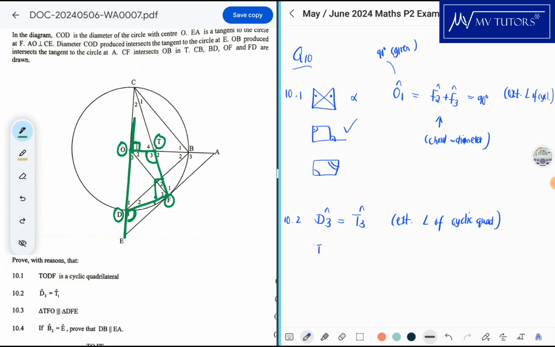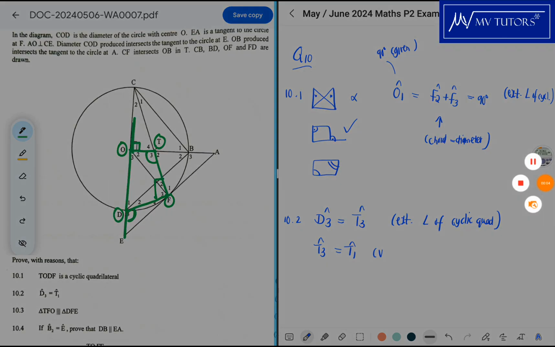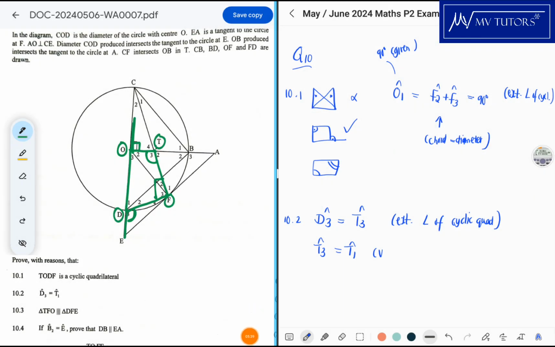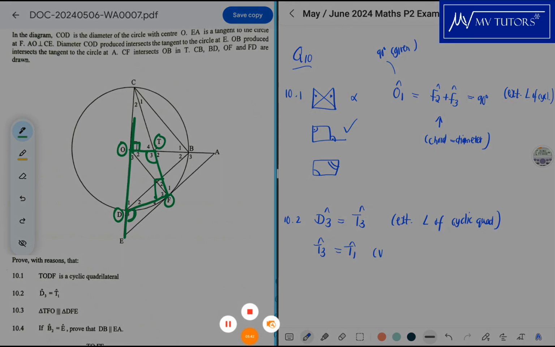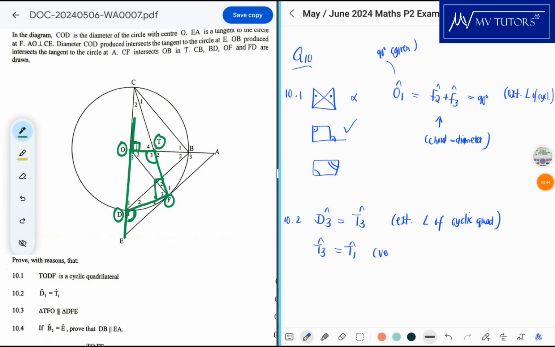Okay. And then T3 is equal to T1. Okay, vertically opposite angles. Okay, so yeah. Therefore, ultimately, D3 is equal to T1. There we go.